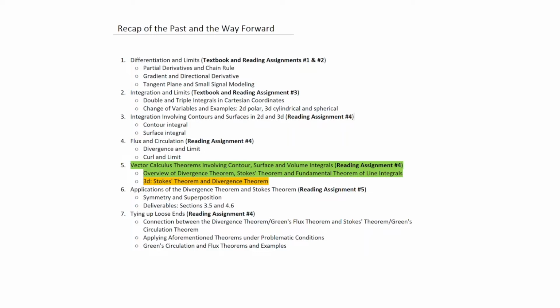We'll also look at examples we haven't considered when applying these two theorems, where you have regions which are a little bit problematic. We'll define that later. Can we still apply the theorems? The answer is yes, but there are certain tricks you have to perform. Then we'll wrap up the course with some application examples of Green's circulation theorem and flux theorem.